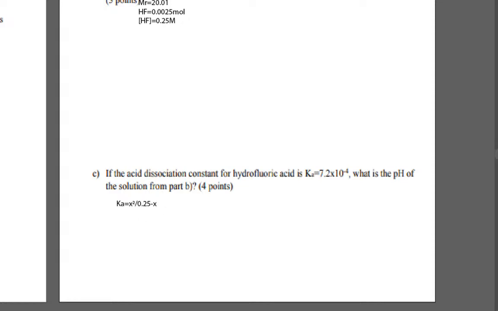And so we just need to figure this out. 7.2 times 10 to the power of negative 4 would equal x squared over 0.25 minus x.